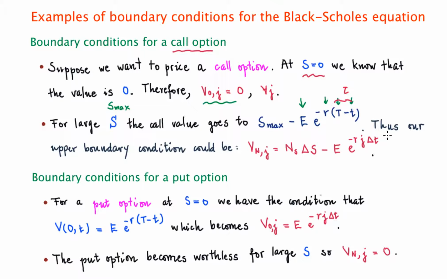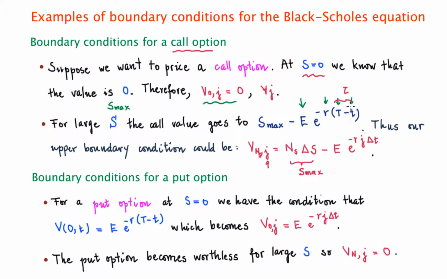Writing in our index notation, the boundary condition corresponding to this one will be the option evaluated at the maximum value corresponding to the S-axis, at any time j, given by S max minus the discounted E, which is E times e to the minus r tau_j.